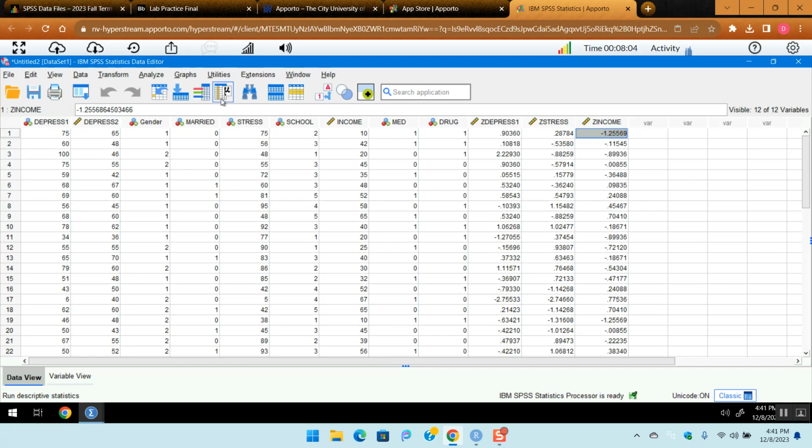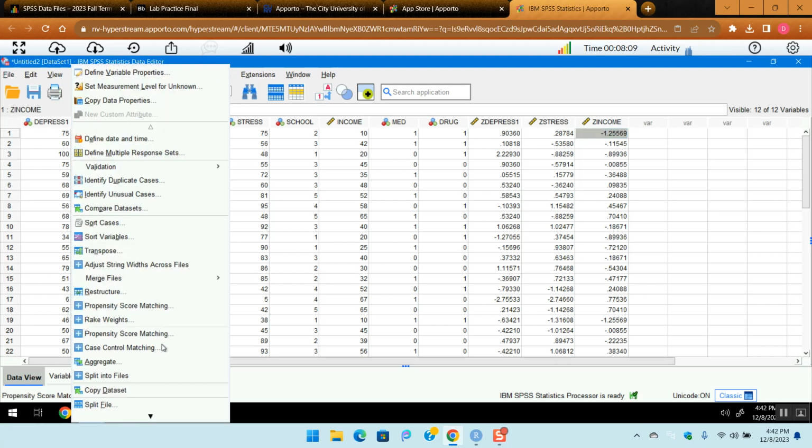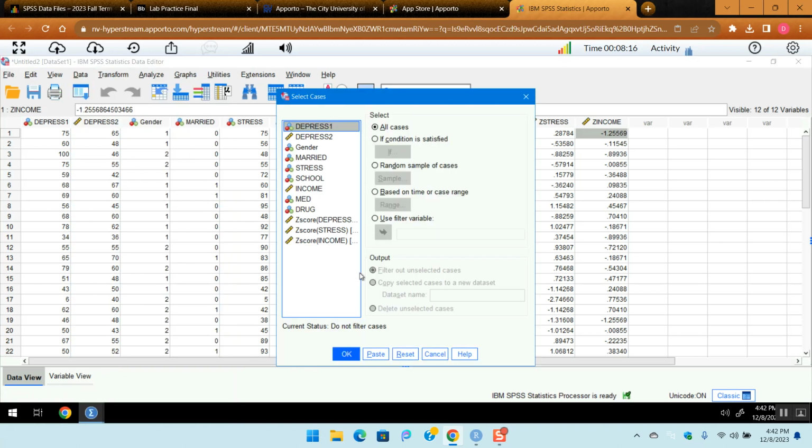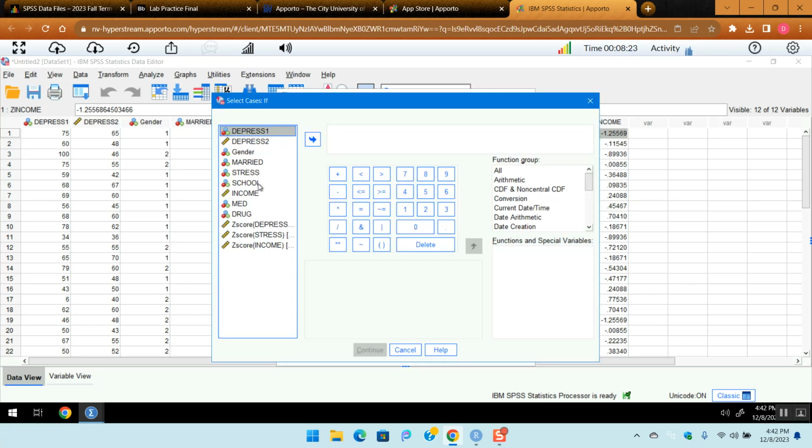And as I said before, you could do this through Select Cases. Data, Select Cases, and you could do If. So we can do if depress one, and we do absolute value. I can find that in here. You don't have to do this. You can just scan it, which is the easiest way.